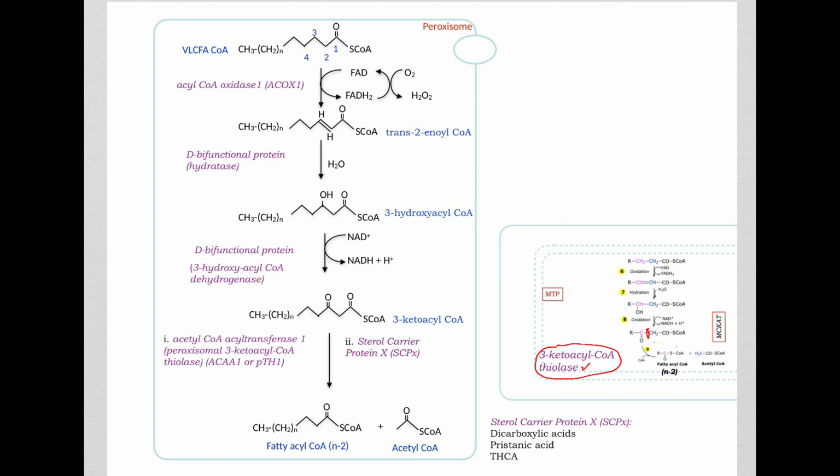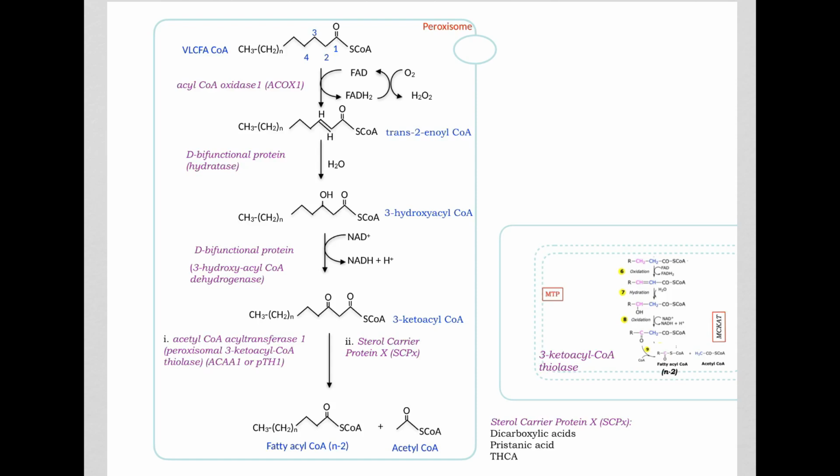In peroxisomes, for very long chain fatty acids, we have 2 enzymes that can do this. One is acetyl-CoA acyltransferase 1, also called peroxisomal 3-ketoacyl-CoA thiolase, or ACAA1 or PTH1. The second protein known to catalyze this reaction in peroxisomes is called sterol carrier protein X, or SCPX.